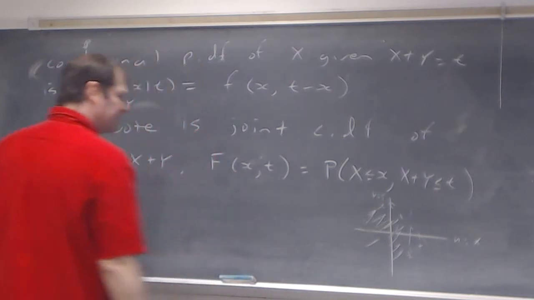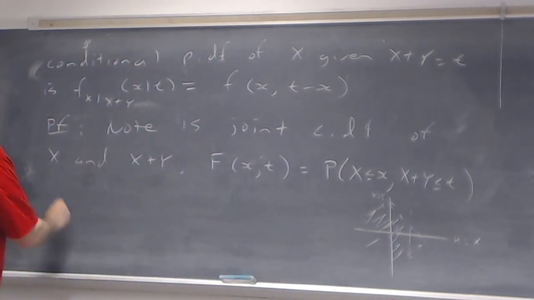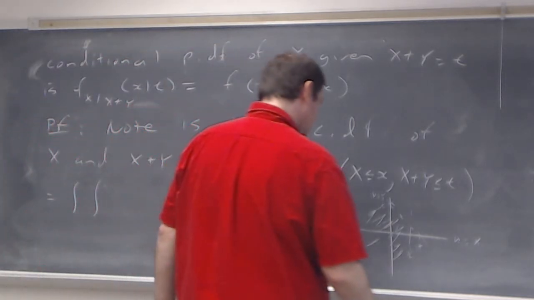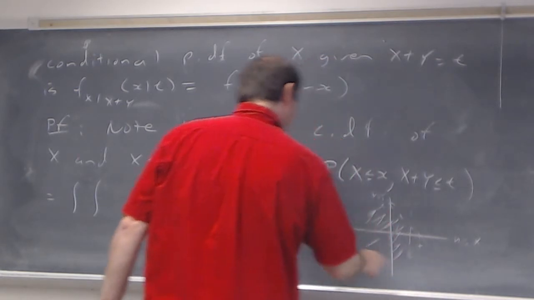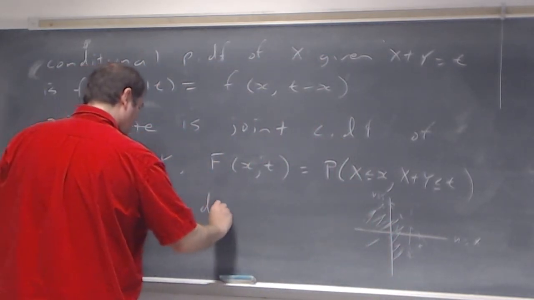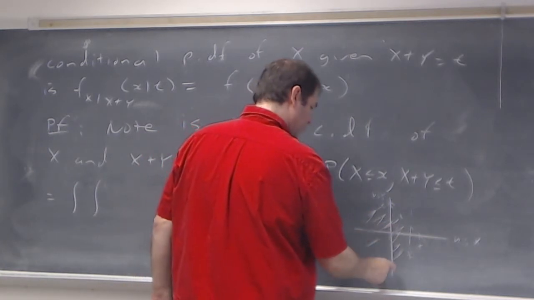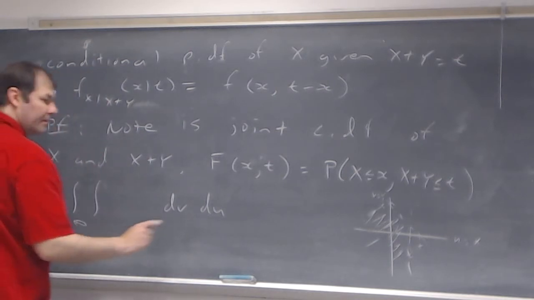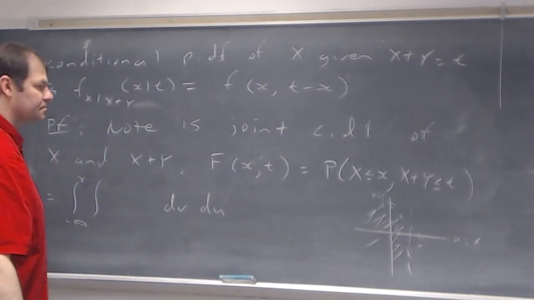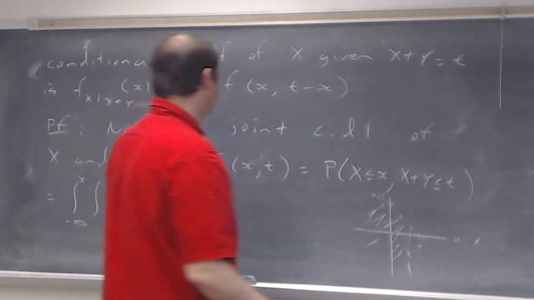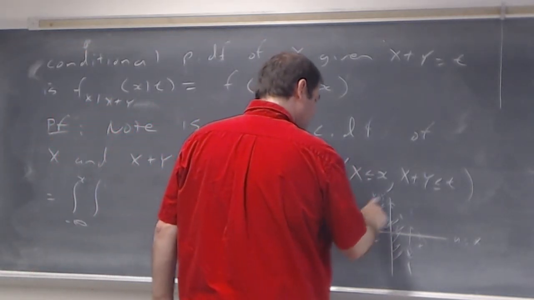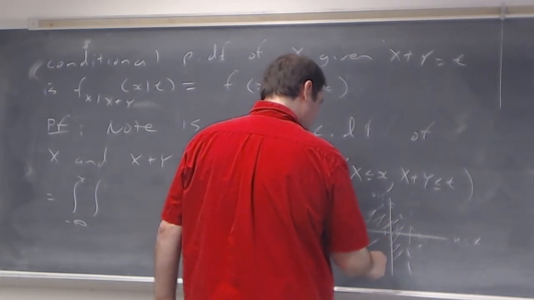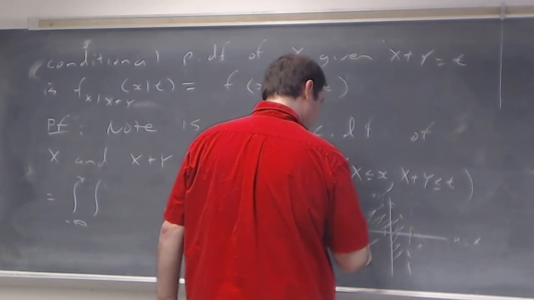So I'm replacing u and v with x and y. And so this answer is the integral. Okay. So here's the way I'm going to do it: dv du. And what do the u values run from? Well, the smallest is minus infinity, and the biggest is whatever x is. And what do the v values run from?